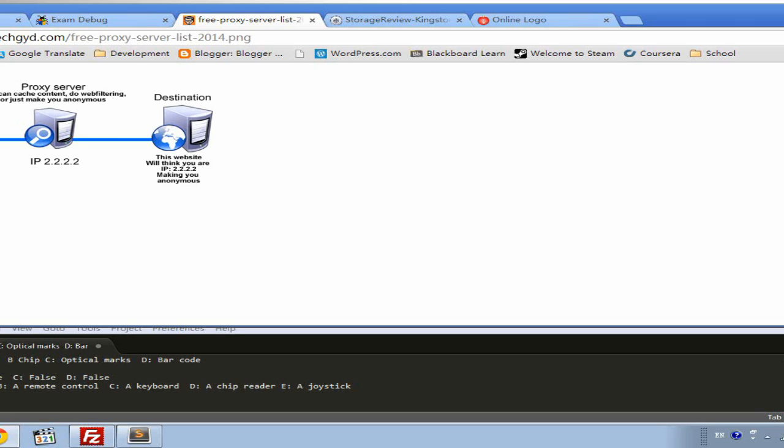Let's say a student sends a request for something on how to make a bomb. Okay, hopefully not in my school. But a student sends this request. The request will go to the proxy server, and depending on the settings, it might just stop it there and say no, that's a website we blocked.